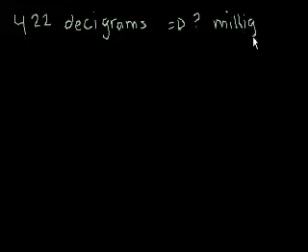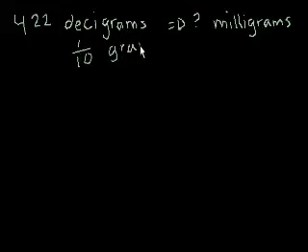So before we start the problem, let's just do a reality check. Am I going from a bigger unit to a smaller unit, or a smaller unit to a bigger unit? Well, decigrams, that's 1/10 of a gram. And I'm going to 1/1000th of a gram. So there's two ways of doing this.